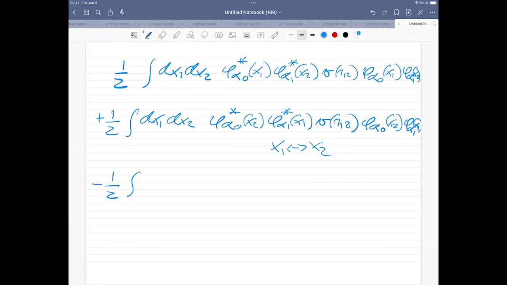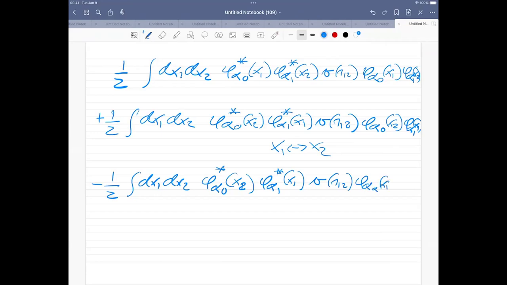So we have minus, and then we have a dx1, dx2 here. And then in this case, we have a phi alpha 0 of x2, phi alpha 1 of x1. And then it's a v of r12 multiplied with a phi alpha 0 of x1 and a phi alpha 1 of x2.